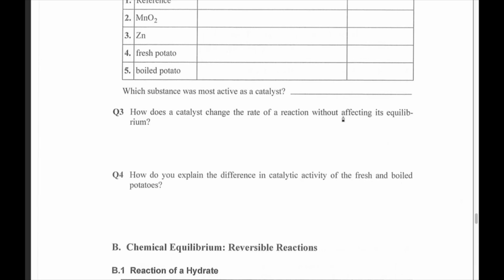Okay, now there are multiple ways you could frame this, but typically I would recommend looking at both the forward and the reverse reaction for this equilibrium. When you're thinking about how your catalyst changes the rate of a reaction, most people think of just the forward reaction, but also think about what's happening to that reverse reaction as well. Okay, and that should answer that second half of that question.